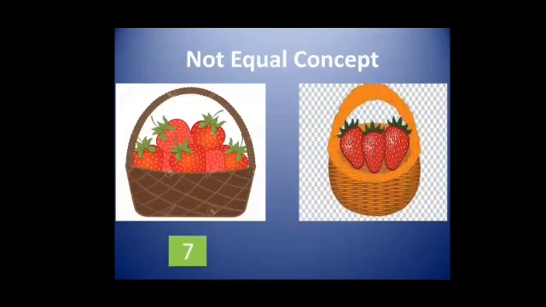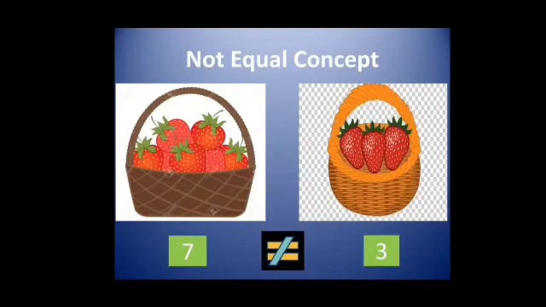Now let's count the second basket. Ready? Start, children. 1, 2, 3. There are 3 strawberries in the second basket. So when we compare 7 and 3, the two numbers are different.